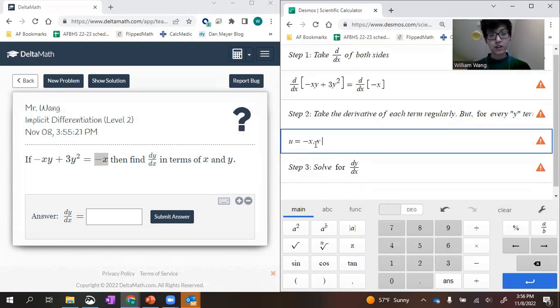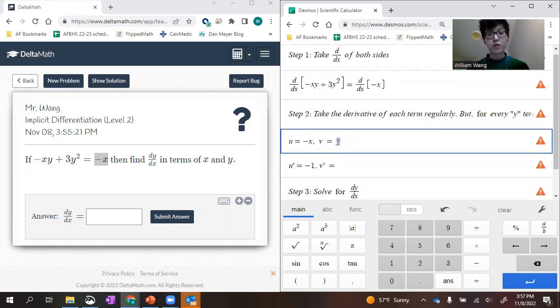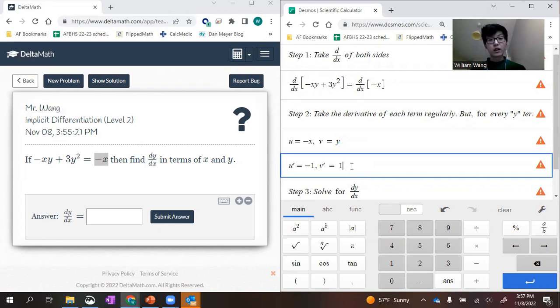Here, I'll write v is equal to y. What else do I need to write? I need to write u prime. U prime is the derivative of negative x. That's just going to be negative 1. And v prime is the derivative of y, and that's just 1.